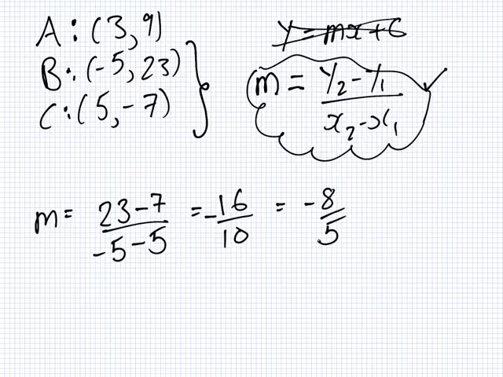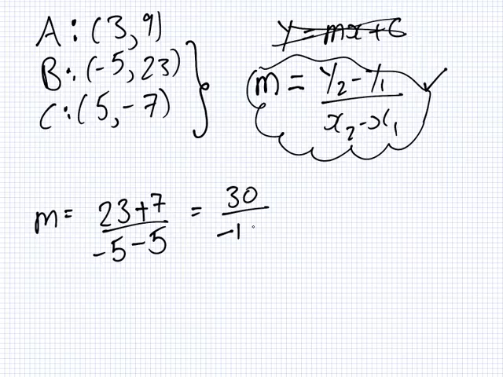It should be 23 plus 7. I have 2 students listening. Very good. Oh, 3 students then. Right, so this should be 30 over minus 10. So that is minus 3.